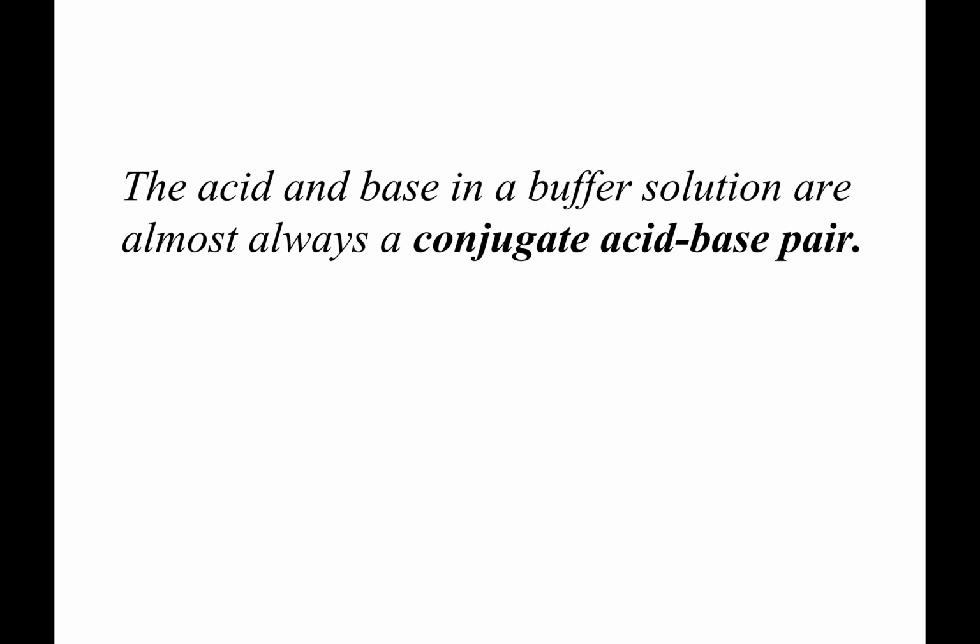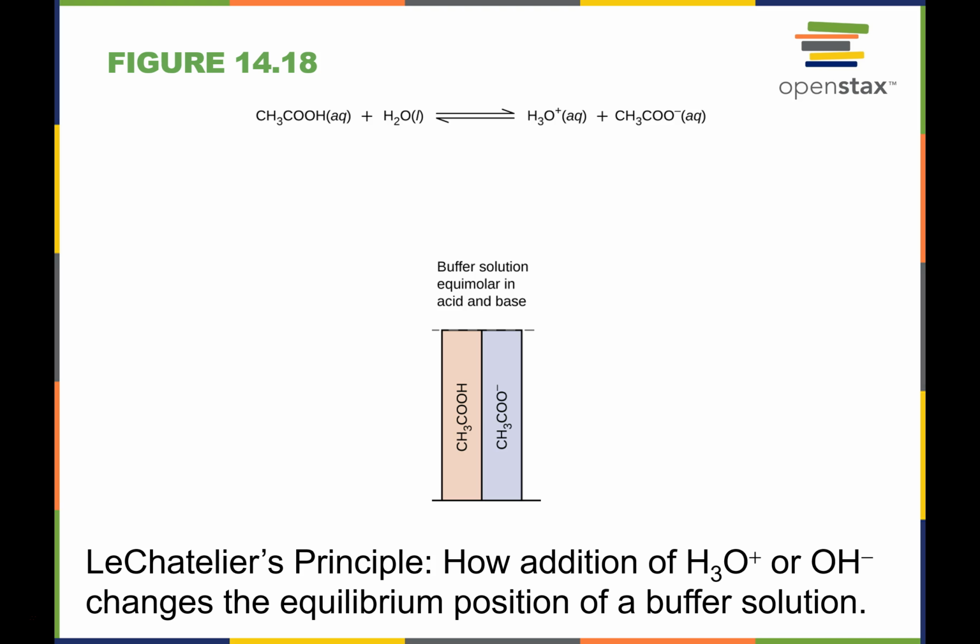So almost always, the two things you have are a conjugate acid-base pair. How would that work? Let's use CH3COOH, that's acetic acid, and CH3COO minus, that's acetate. That's your conjugate acid-base pair. Let's see how this works.